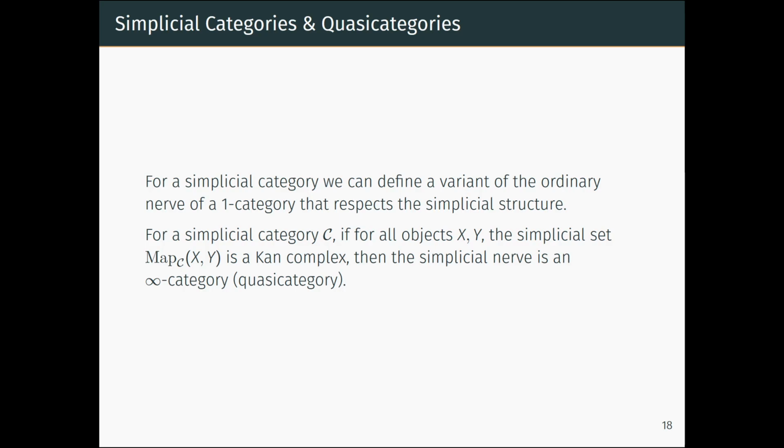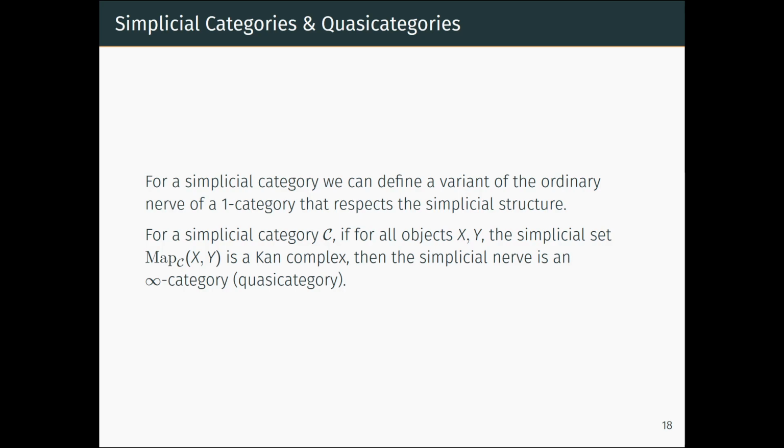and I guess a bit of background. So for the simplicial categories and the topological categories, there's a way of kind of taking a nerve of it and getting a simplicial set, kind of something we might want to be an infinity category out again. And so for the simplicial category, we can define this variant of the ordinary nerve, where instead of just taking composable sequences of morphisms, we also descend into the simplices that are already there in our Hom spaces.